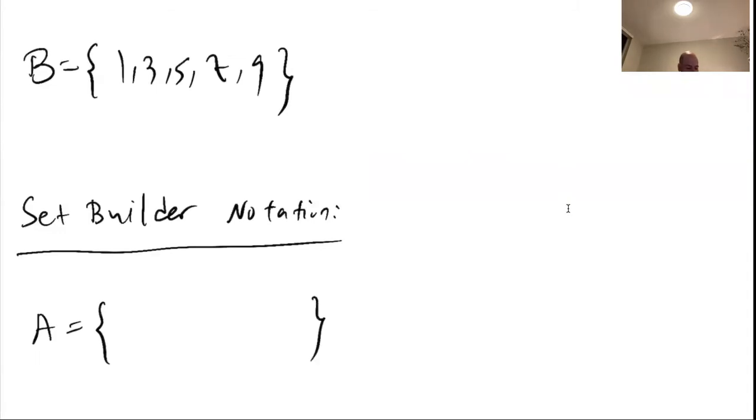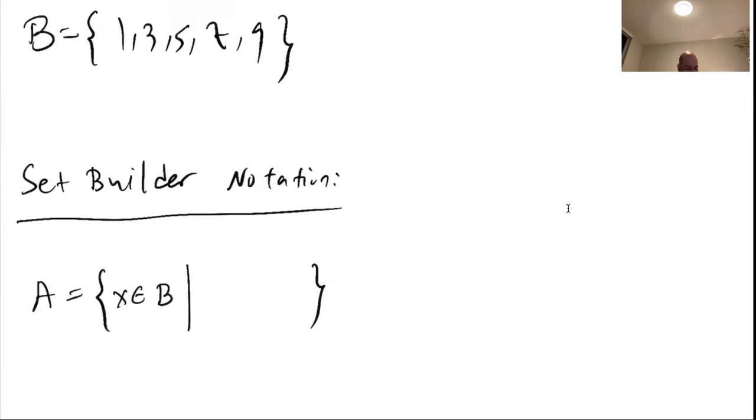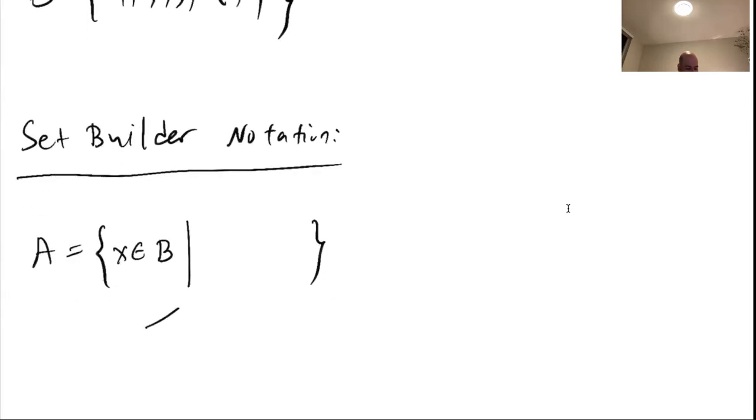And then we describe the elements, right? So x belongs to some set, let's say B, and then we write this notation, which means such that. Read such that. And then we describe the elements.